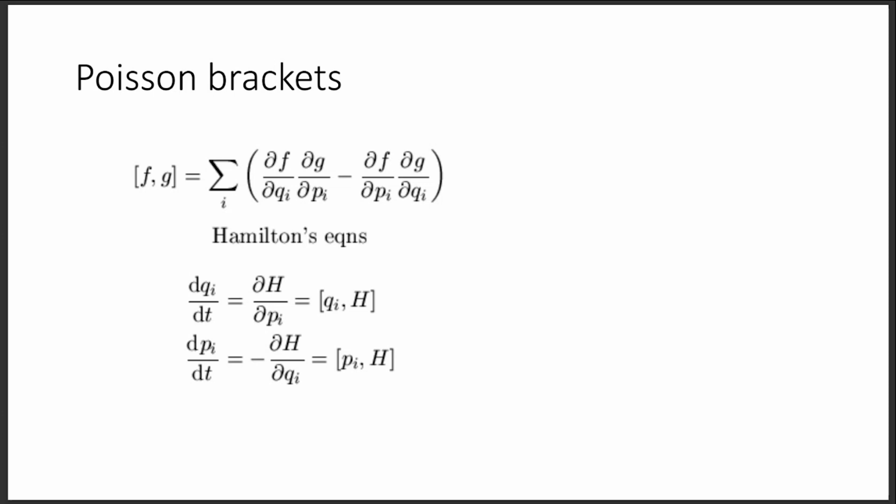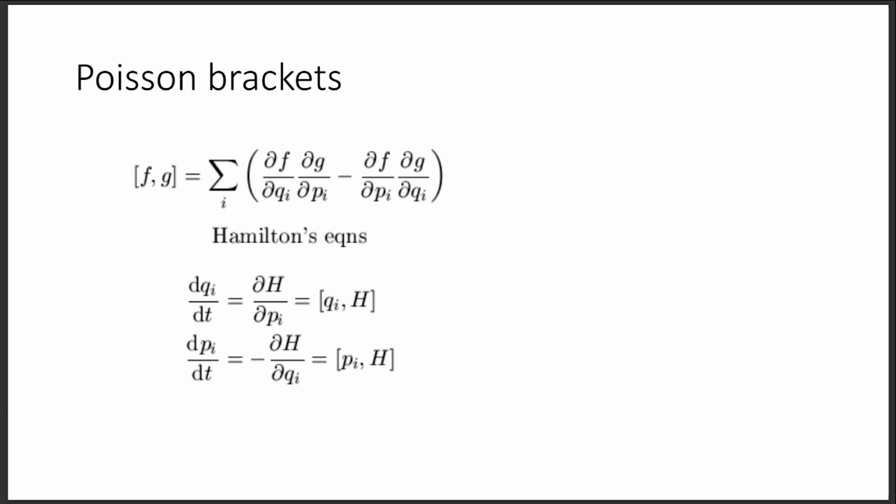There are many wonderful things you can do with Poisson brackets, but one of the least wonderful things you can do is write Hamilton's equations. dq/dt, the rate of change of q, everybody knows is the partial derivative of H with respect to p, which is also the bracket q comma H, because if you expand the Poisson bracket, this is dq/dq, which is 1, times dH/dp.